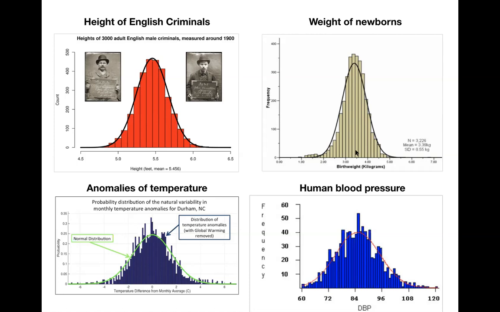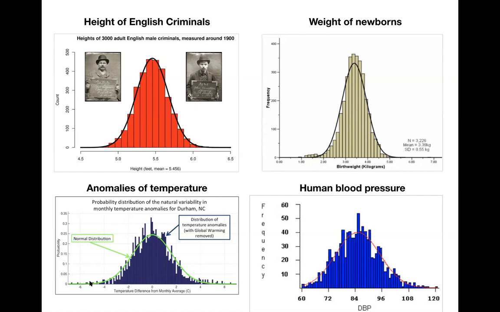And this is the weight of newborns from hundreds of thousands of babies. Most of the babies have a weight around 3.39 kilograms, and the standard deviation is 0.5 kilograms. And I think most people fall within 2 sigma, right? Nobody's usually heavier than 5 kilograms or less than 2.